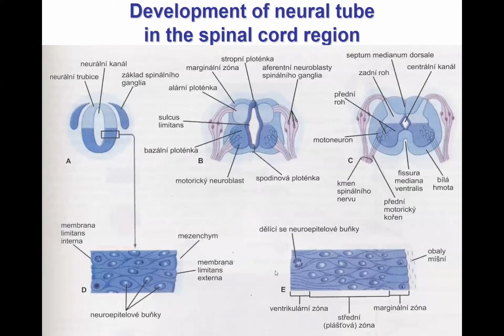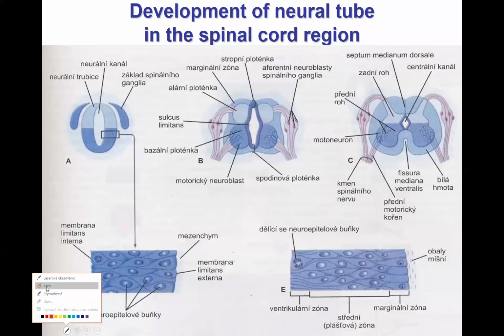Just to review shortly embryology, we know that the central nervous system is derived from neural tube, and we can see neural tube here on the left upper side, and the neural tube consists of two parts, and I will highlight it.